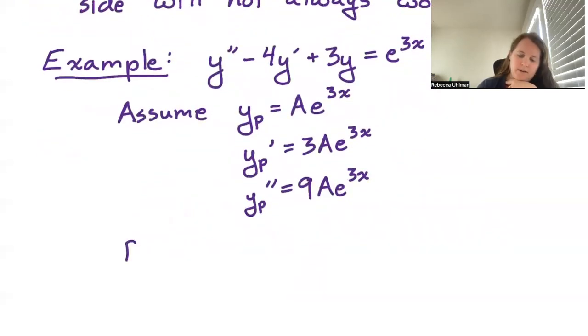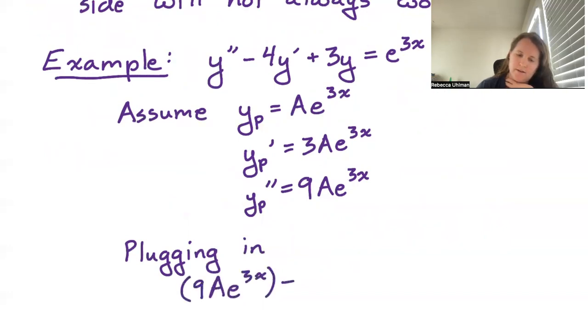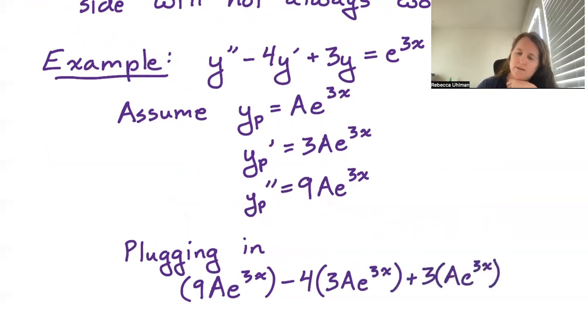And plugging in, we have y double prime, so 9a e to the 3x, minus 4 times y prime, so 4 times 3a e to the 3x, plus 3 times a e to the 3x equals e to the 3x.